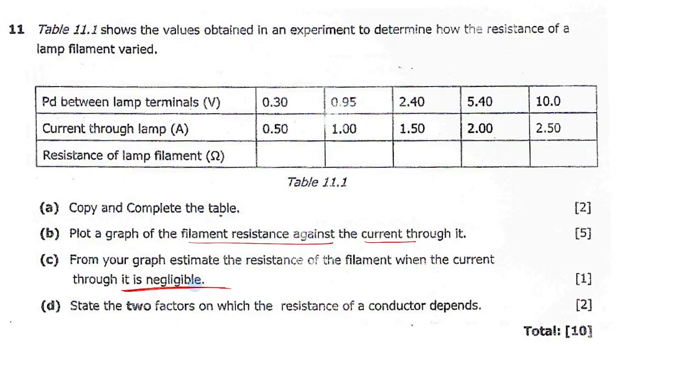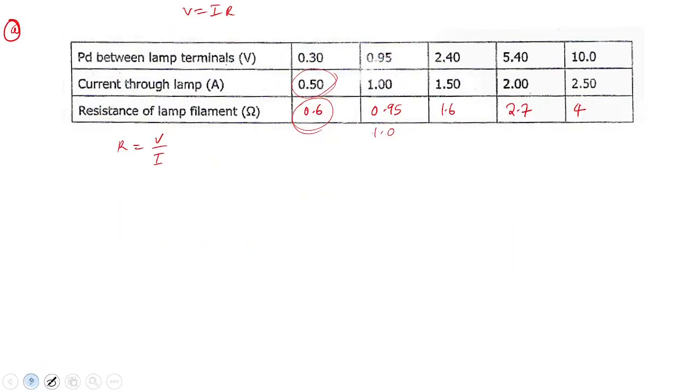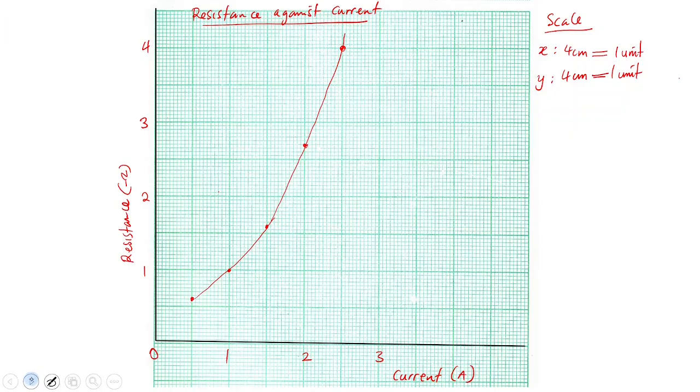So what will be the resistance? Just say it is 0. Okay, so the resistance is 0. Such questions are not good questions. Because when the current is negligible, meaning 0, the resistance will be 0 as well.